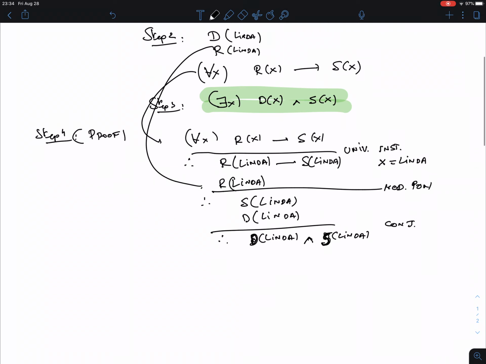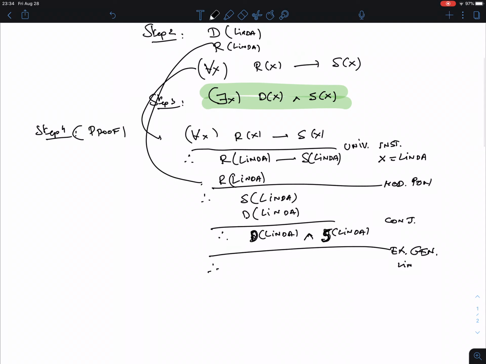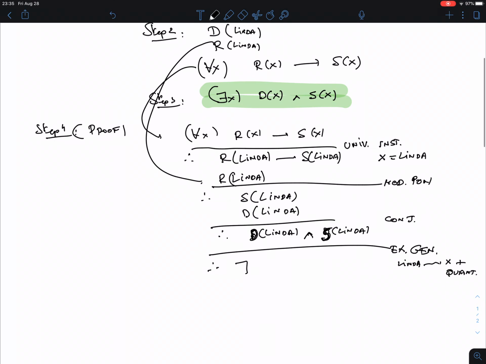Okay, so what are we going to do? Well, we have a Linda, that's a witness, and so this is now the rule of existential generalization. Instantiation means that you give a value for X. Generalization is that you have a specific thing and you turn that into an X plus a quantifier. In this case, existential, so we're going to have, there is an X, and we replace Linda by this X, D of X and S of X. That's how the formalism works, right?